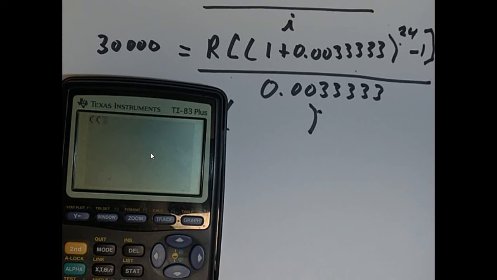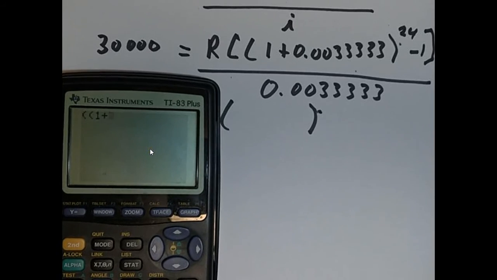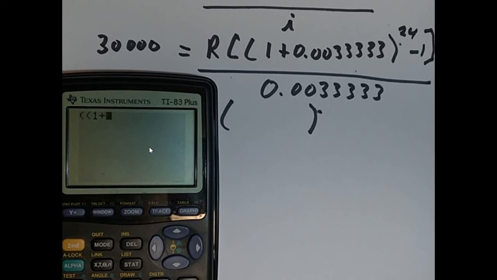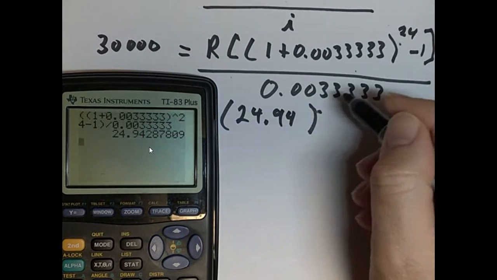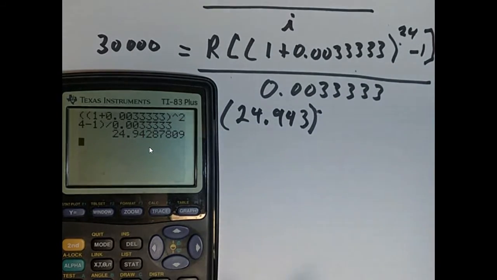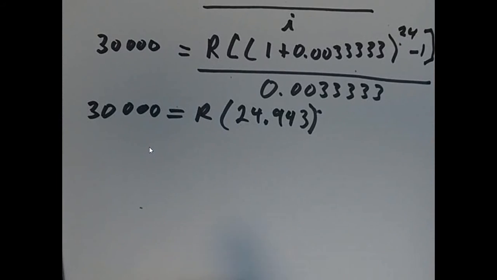Bracket, 1 plus 0.00333, close the bracket to the exponent 24, then minus 1, close the bracket, divided by 0.00333, equals 24.943.